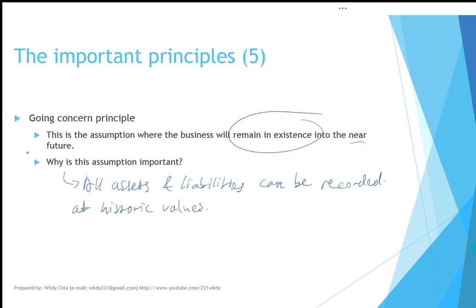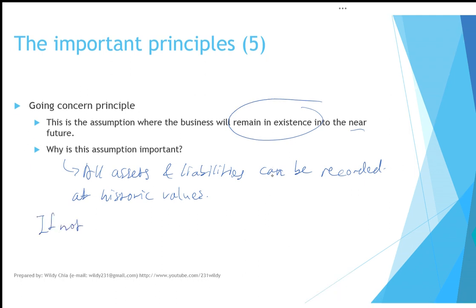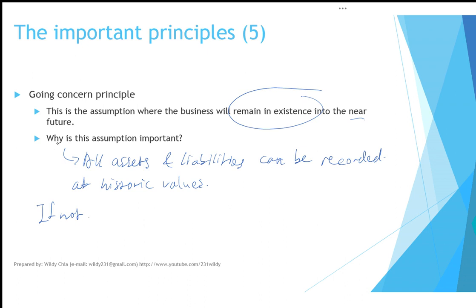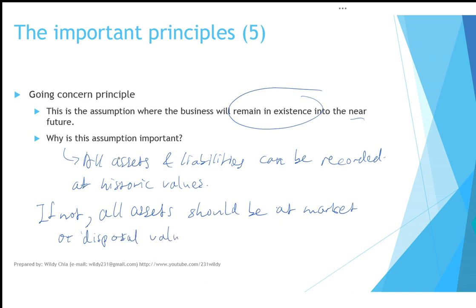However, what happens if not? If the business is undergoing liquidation and may close down soon, then all assets should be recorded at market, or you can just rephrase it as disposal values.